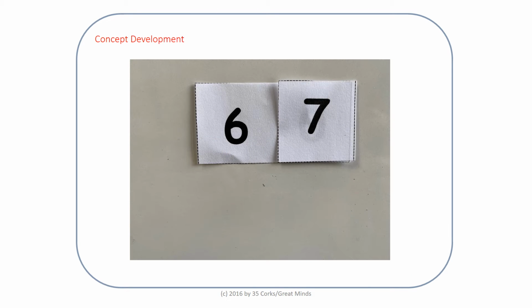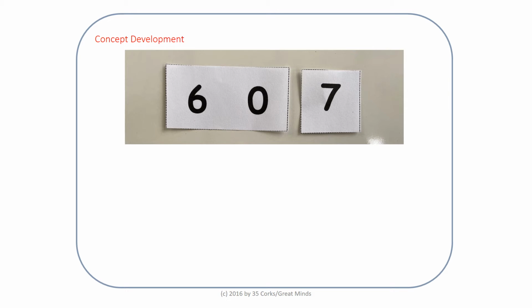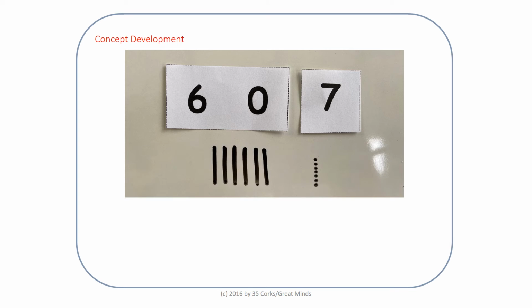What number am I showing here? 67. What are the 2 parts we're going to see when I pull my cards apart? We're going to see 60 and 7. Now I'm going to draw quick 10 drawings to show my 2 parts. Now we're going to put that in a place value chart.